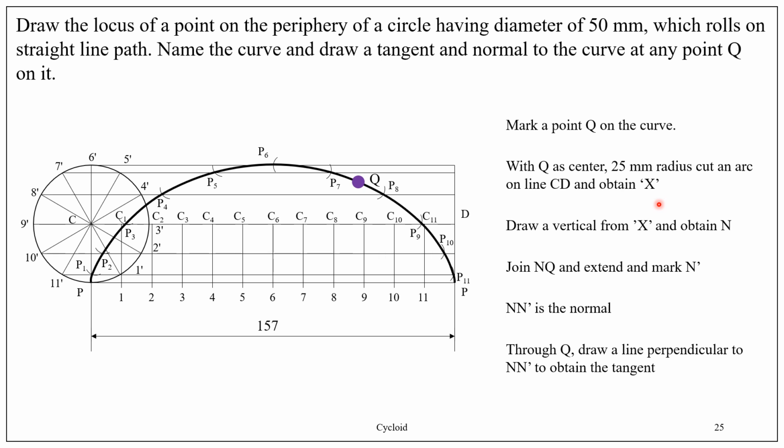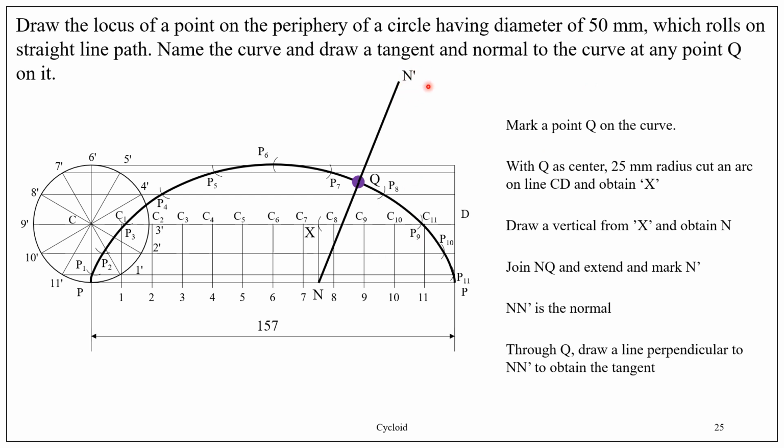Take 25 millimeters in your compass, fix Q as center, cut an arc on the line CD, and the intersection of the arc with the line CD is X. Draw a vertical line from X and obtain N. Now join N and Q and extend.